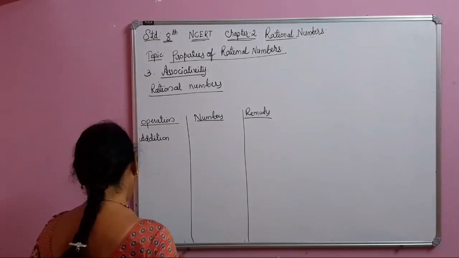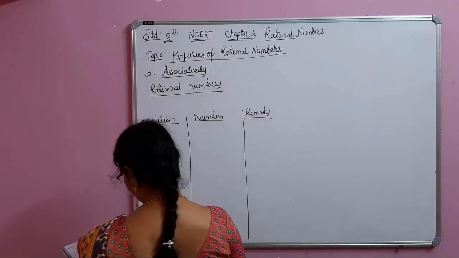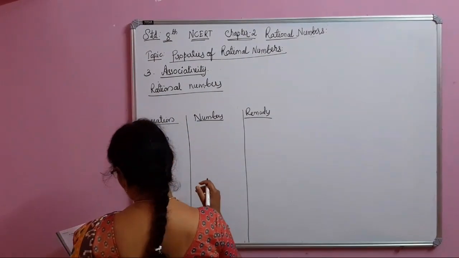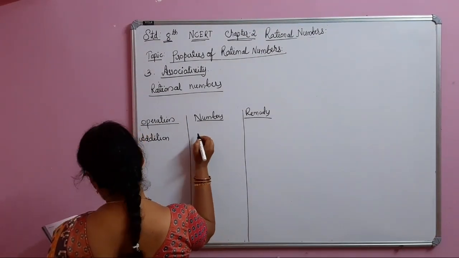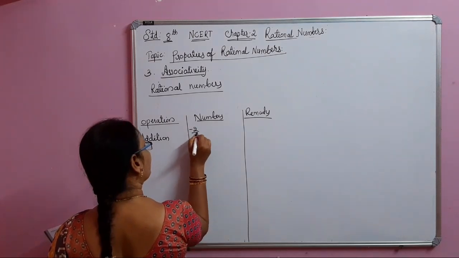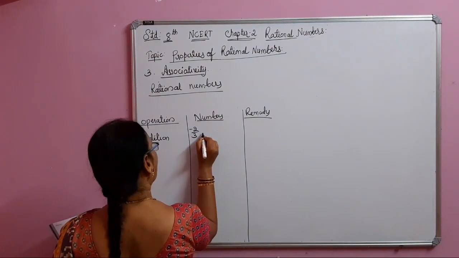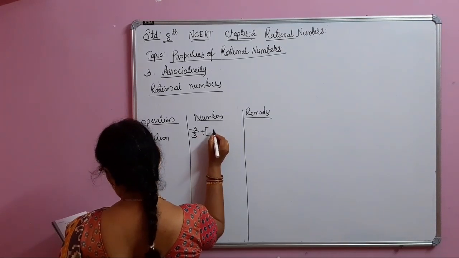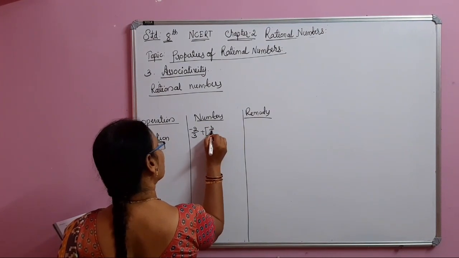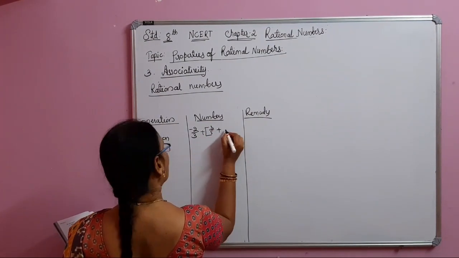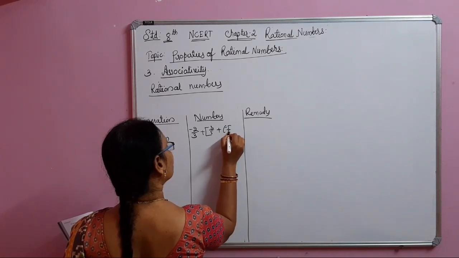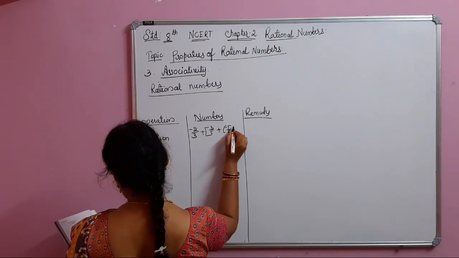See, first we will do addition. Associativity means 3 rational numbers will come. Minus 2 by 3 is one rational number, plus 3 by 5 is one rational number, plus minus 5 by 6 is one rational number.